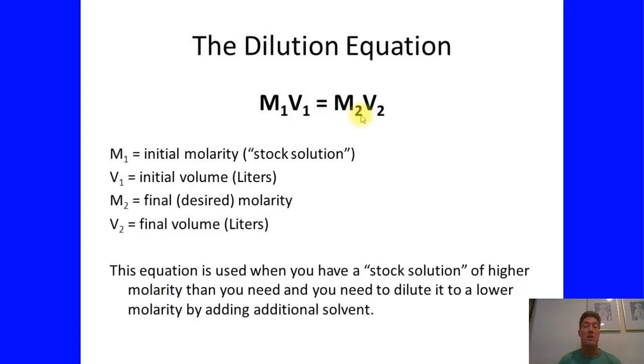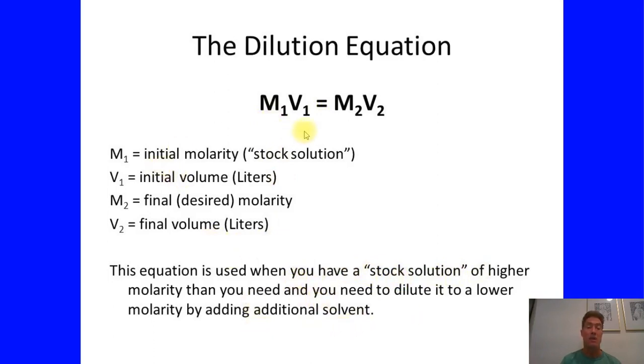So this allows us to calculate how much volume we need if we want to change molarity. If we start with a high concentration of something, and we want to get a smaller concentration, we can use this formula to figure out how much solvent we need to add to reduce our concentration. So we'll often use this in chemistry when we start with a stock solution, something with a very high molar concentration, and we need to dilute it to a lower molarity.